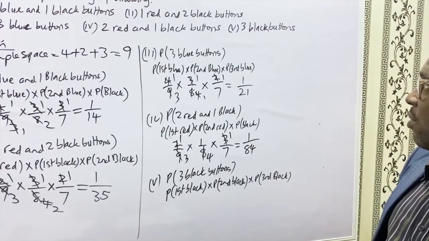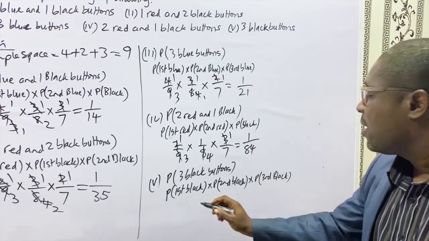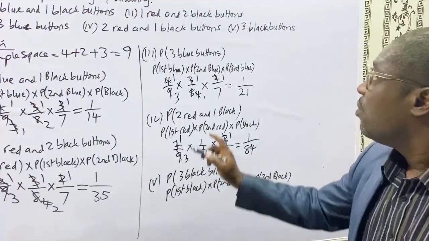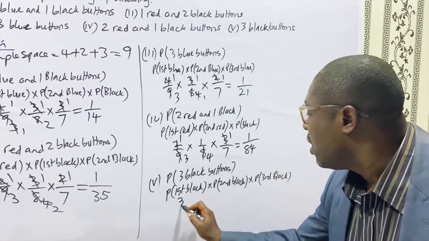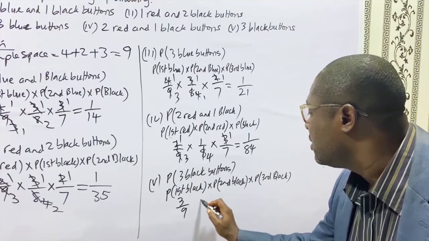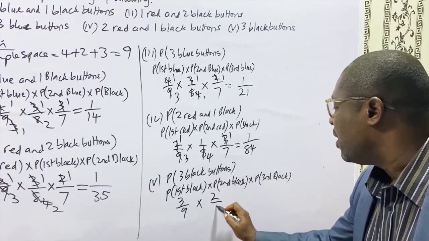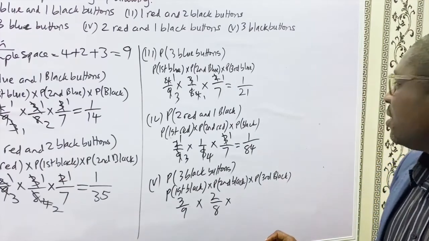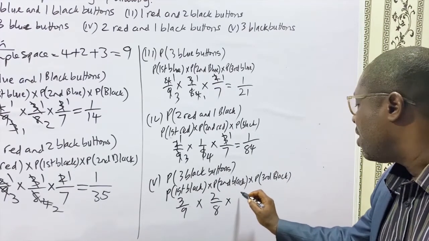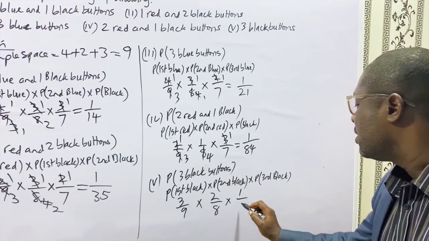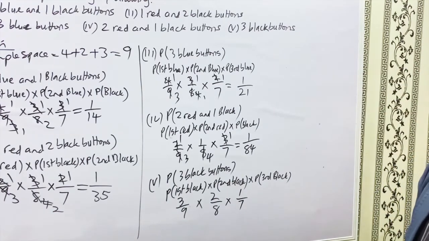Okay, now the first black, as we know, we have 3 blacks at first, so that will be 3 all over 9, times the second black will be 2 all over 8, times the third black, you already have 1 times 1 all over 7.